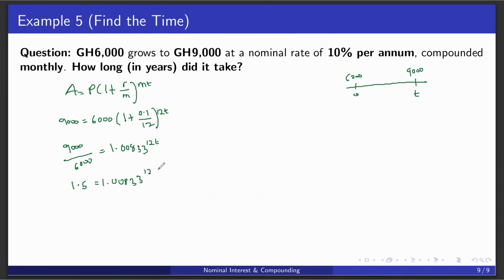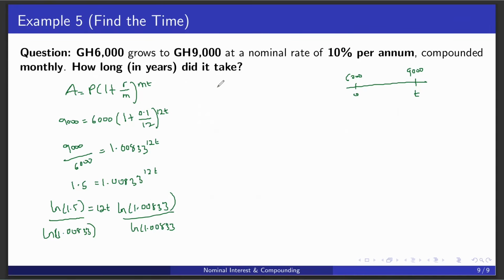We have to take log of both sides to get our T. So we have ln 1.5 equals 12T times ln 1.00833. Now, this is a constant, so we'll take it to the left-hand side. So we're going to divide here by ln 1.00833 and divide here also by ln 1.00833.